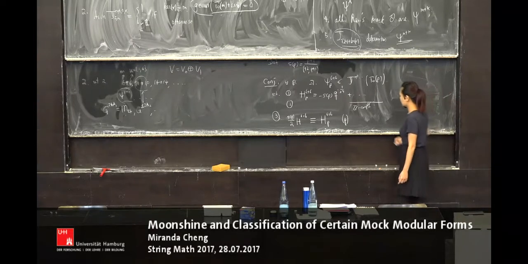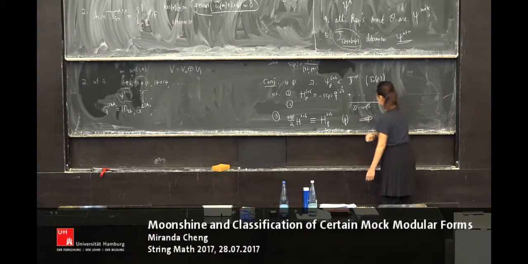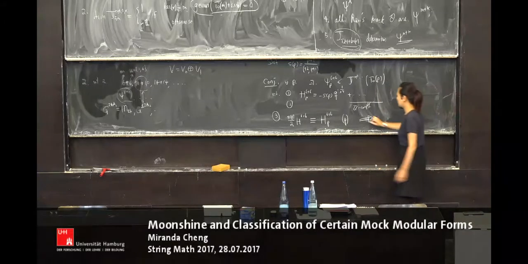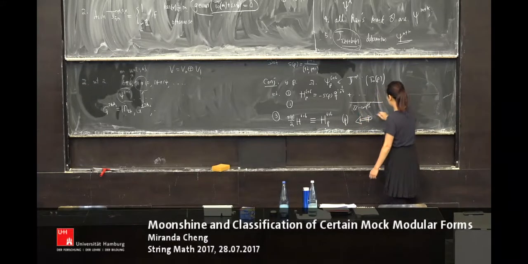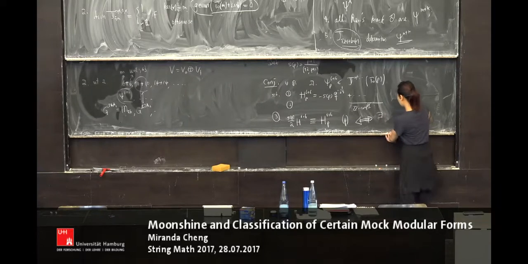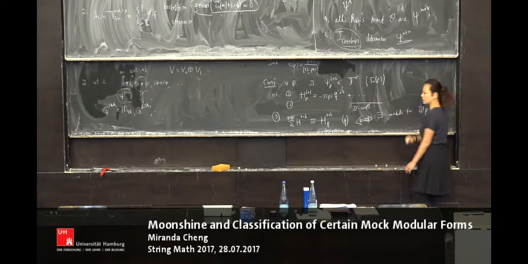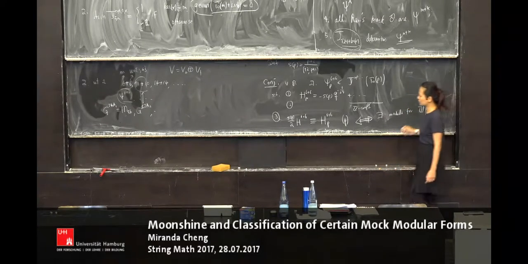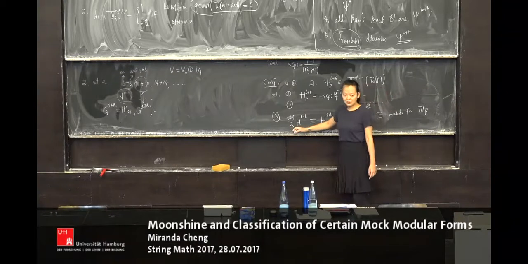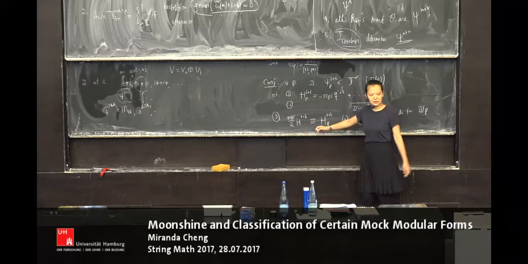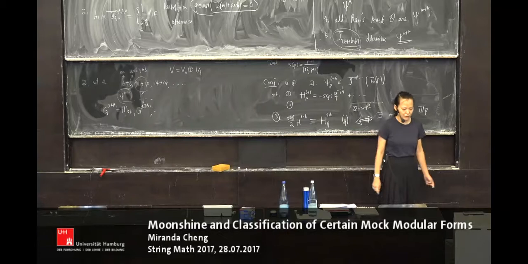Okay, so what is the consequence? The consequence is that there exists an infinite dimensional module for Z_p, the cyclic group, for all p, such that this is its graded dimension and this is its character.